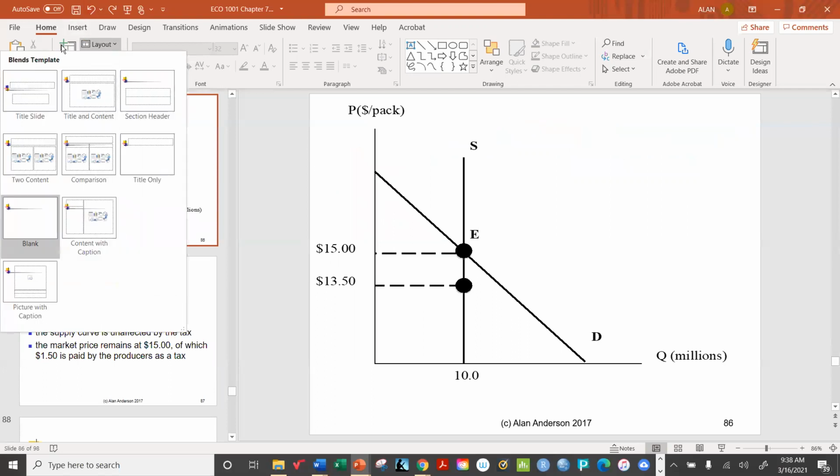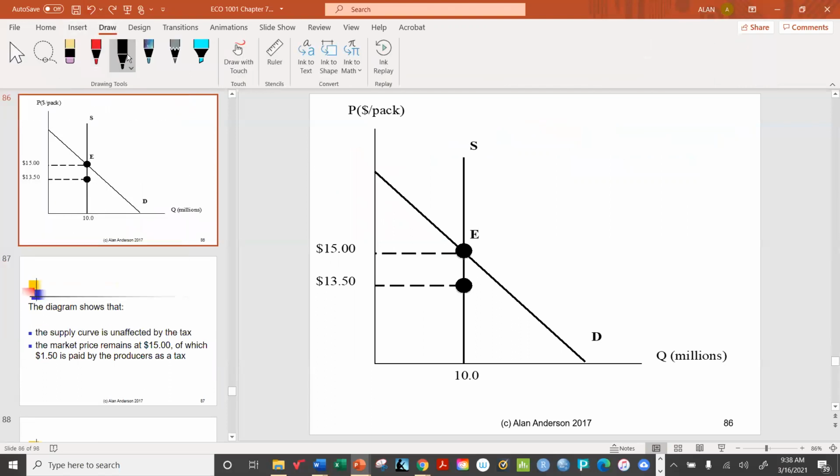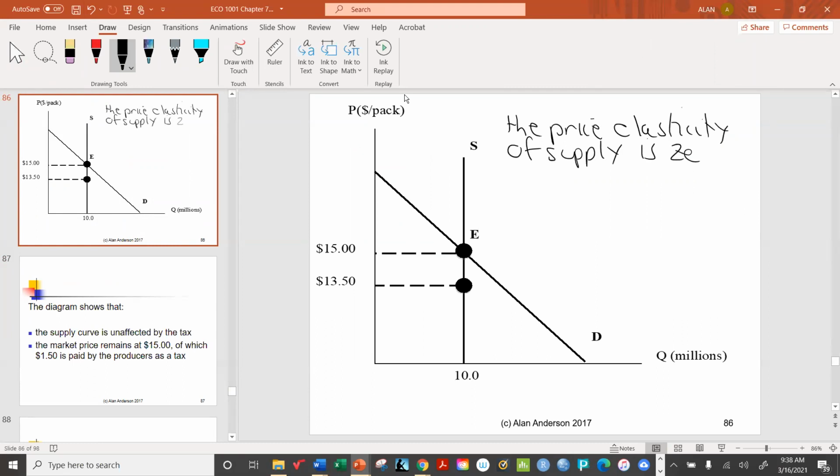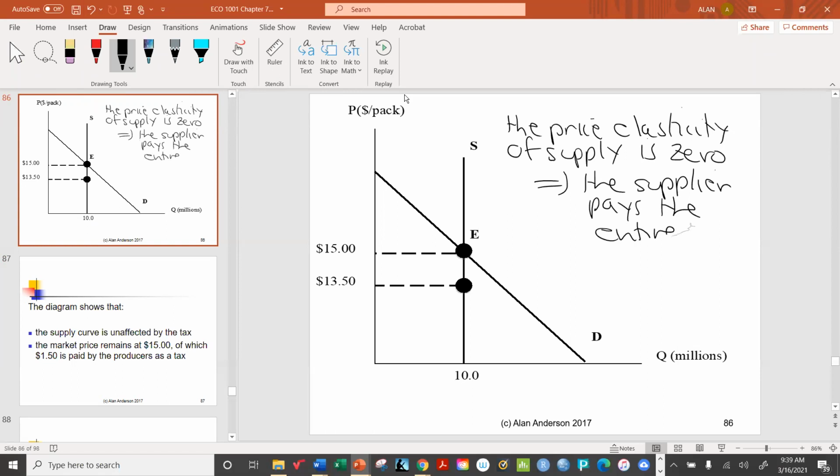Okay, so we have a normal demand curve, but the price elasticity is 0. Okay, so remember, therefore, the supplier pays the entire tax. Okay.